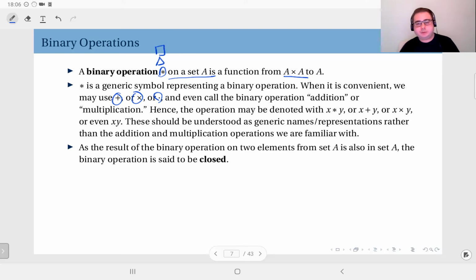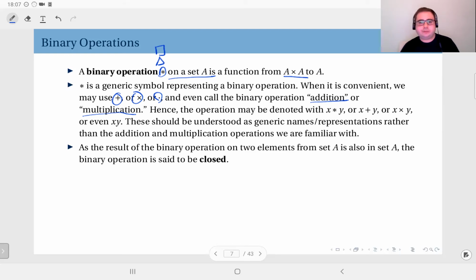Now, sometimes in the coming slides, we are going to refer to some operations as addition or multiplication, but these are not going to mean the familiar operations we know. The familiar operations we know are going to be special cases of these.